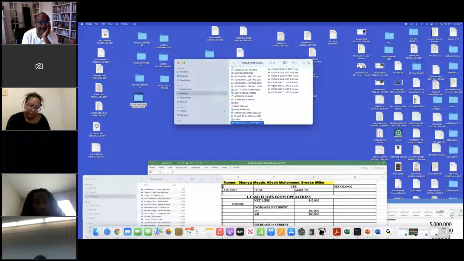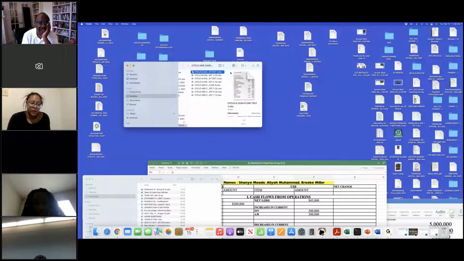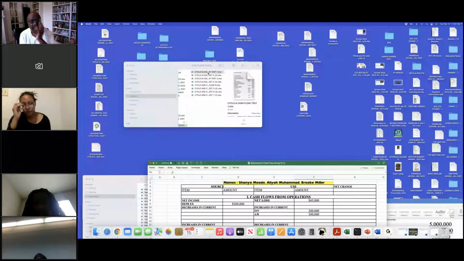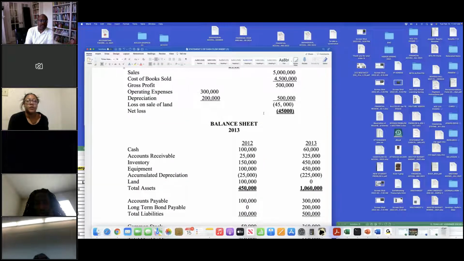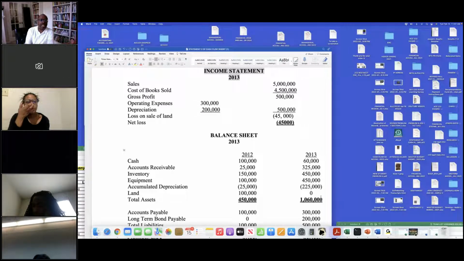Can you go back over what you do with the land when it decreases? Okay, just a second. Okay, let's talk about the land. We had land of 100,000. It went down to zero. So we know the land is no longer there.